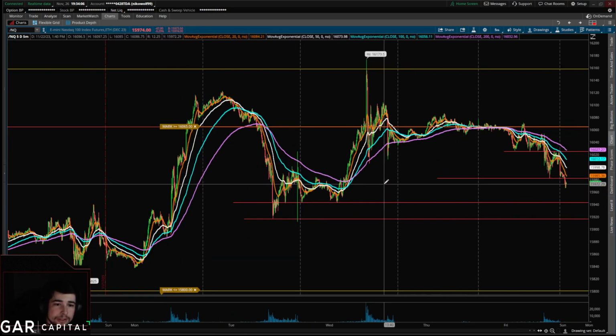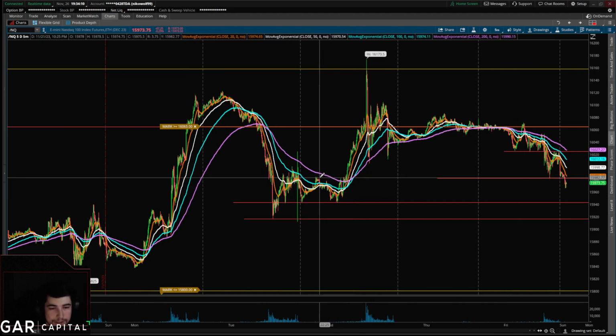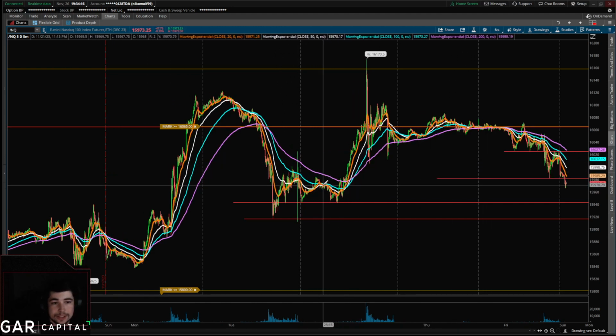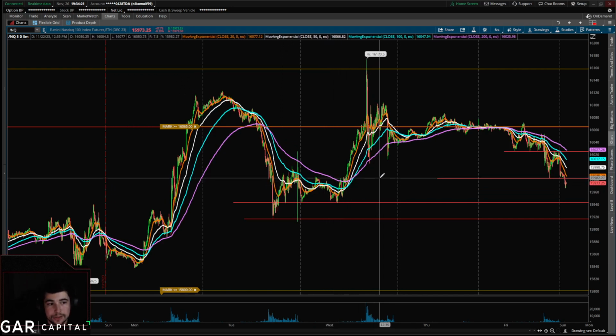And again, we can break this down on a 5 minute. 5 minute is also great for looking for these scalps. Once you're really dialed in with price action, or let's say you have a decent area where this is happening, it's very nice to play these kind of moves on the 5 minute, on the 15 minute. But again, right now, I feel like I can't give you that green light, partially because it's also not something that Gar Capital really does or targets.